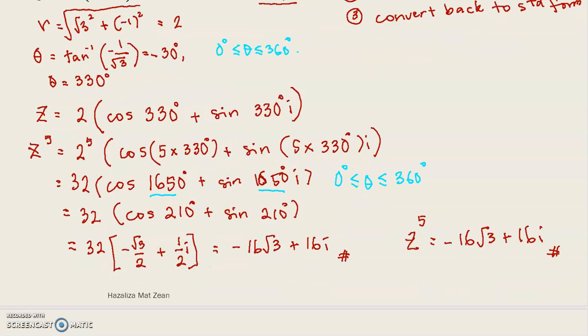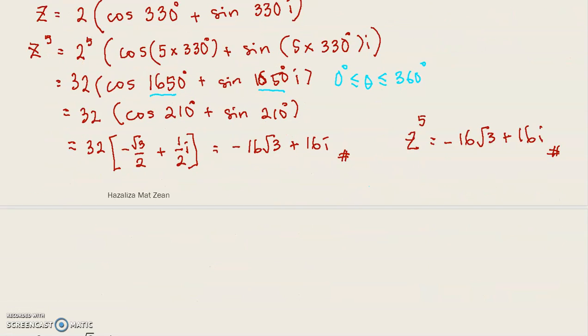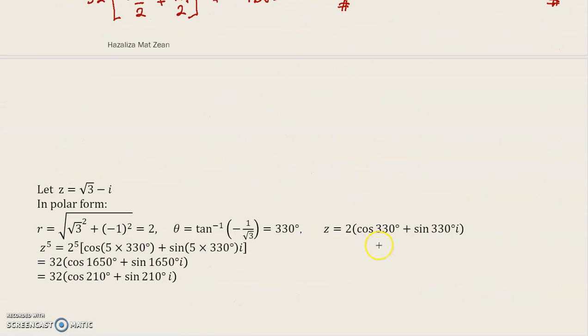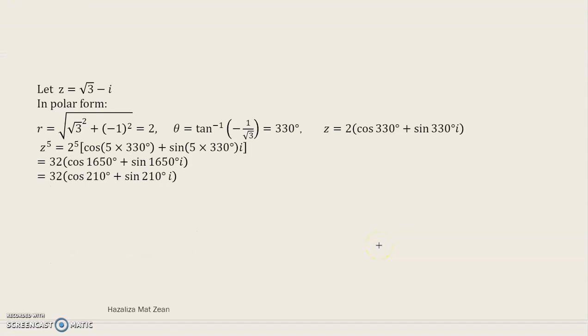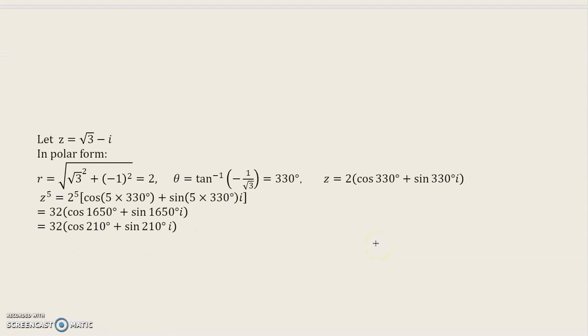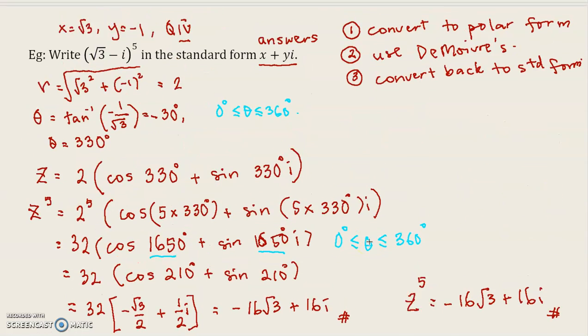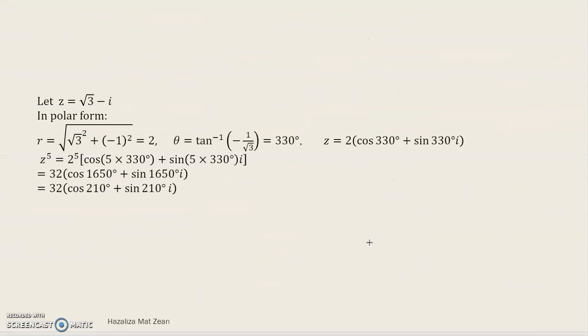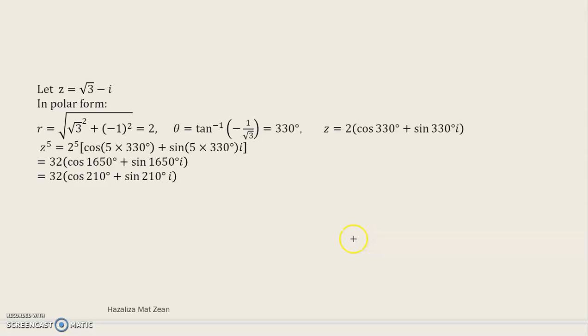And if we check the solutions, this one is not given in the standard form, so we have to change back to standard form.